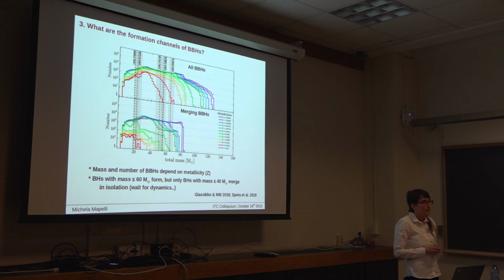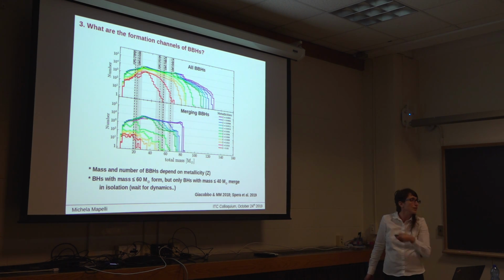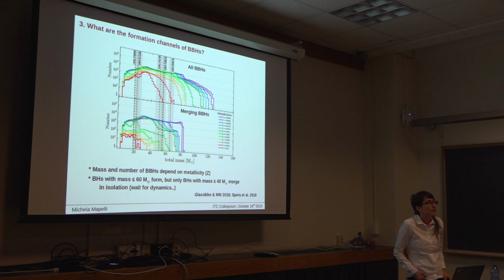Yes, Selma? So in the all black holes, are you assuming that all the hydrogen also collapses into the black hole? Sorry? Before you said it's not so sure whether, if there's a hydrogen envelope, whether it collapses. Yeah, these are simulations where the hydrogen envelope that is left collapses to a black hole. That's probably the main difference, right? Because there's no space for hydrogen envelope for the ones that merge. Well, yeah, it's basically what I told you. There is no space for hydrogen envelope in the sense that the hydrogen envelope was removed during Roche lobe overflow and common envelopes.